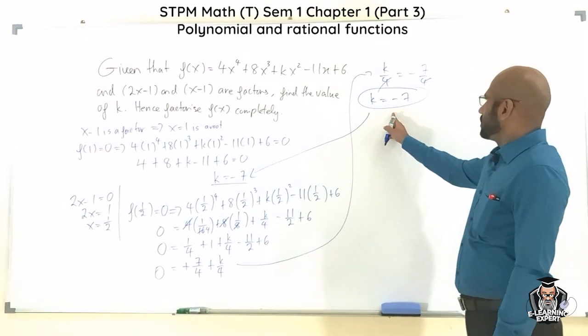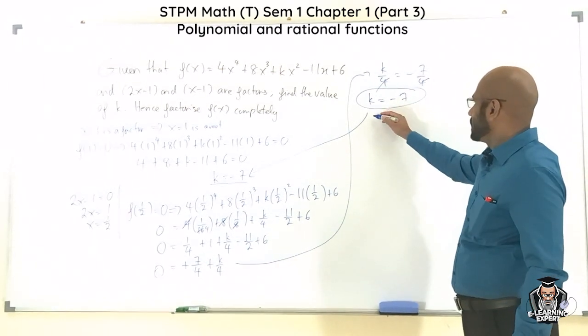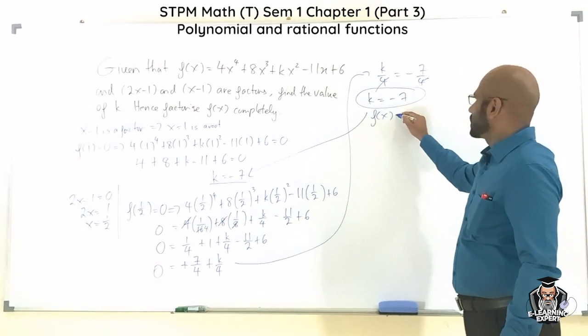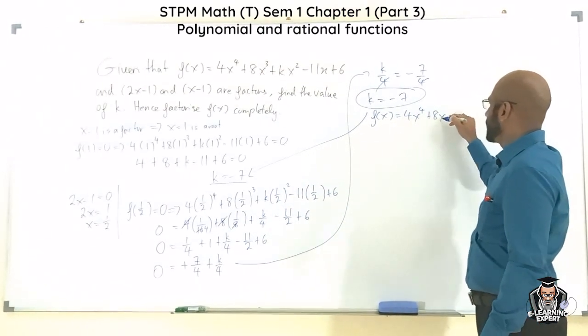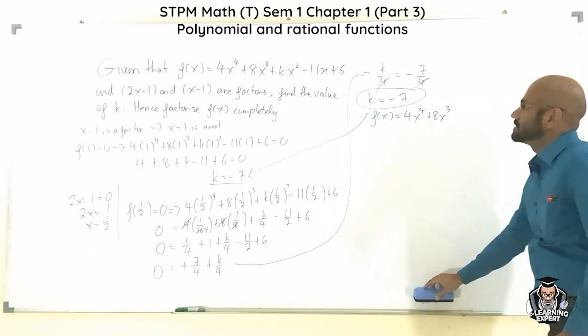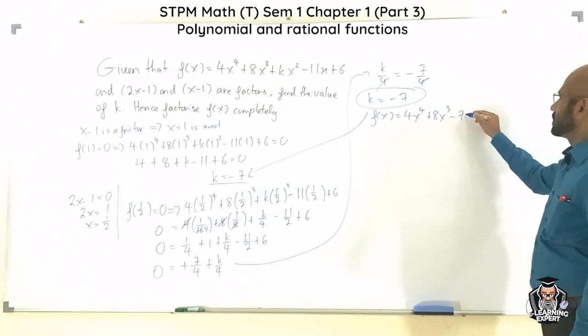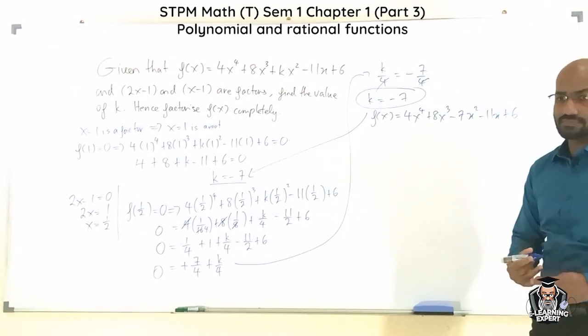So once we obtain the value of k, we input into the equation. So we have f of x equals 4x power 4 plus 8x cubed minus, k is a negative, so minus 7x squared minus 11x plus 6.